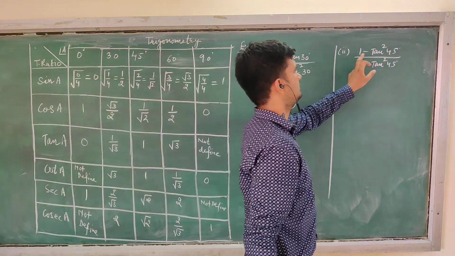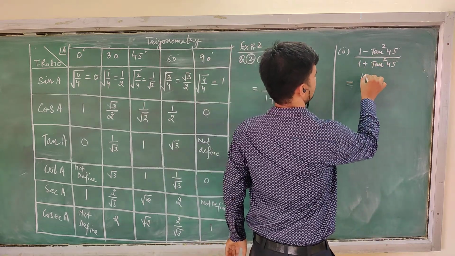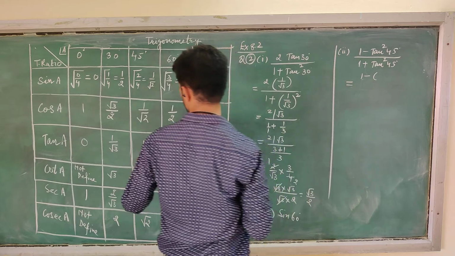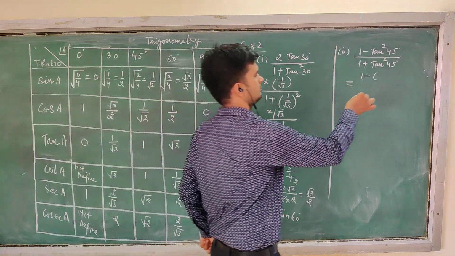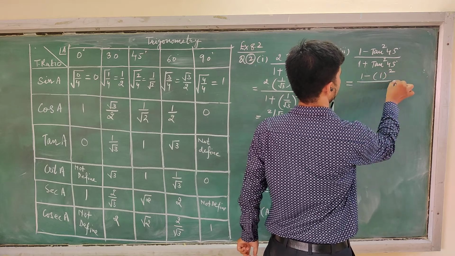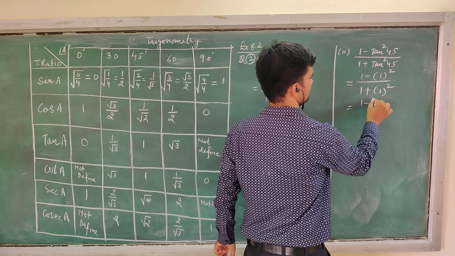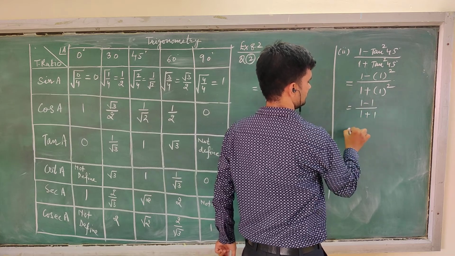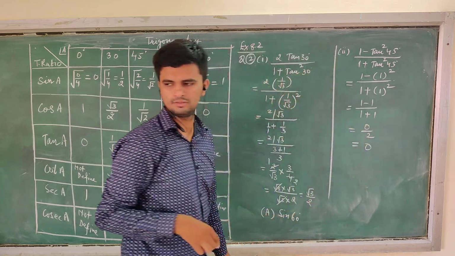It is 1 minus tan square 45 upon 1 plus tan square 45. So 1 minus, see, tan 45 is equal to 1, upon 1 plus tan square 45. So 1 minus 1 upon 1 plus 1. It is 0 by 2, and 0 by 2 means it is 0.